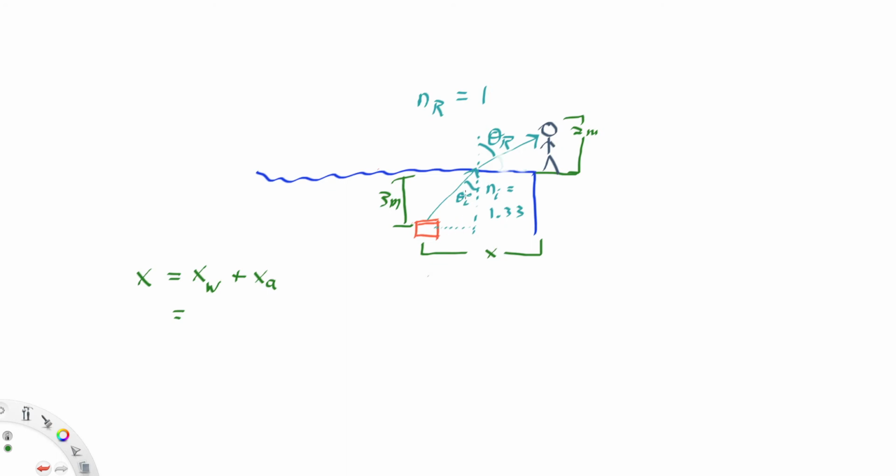So tangent of theta i is going to be the part of the x that's underwater over its height. So we can replace this part of the x with 3 times tangent theta i. And similarly for the x part, it's going to be 2 times tangent theta r.